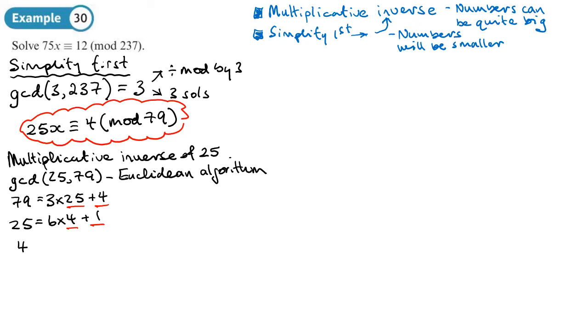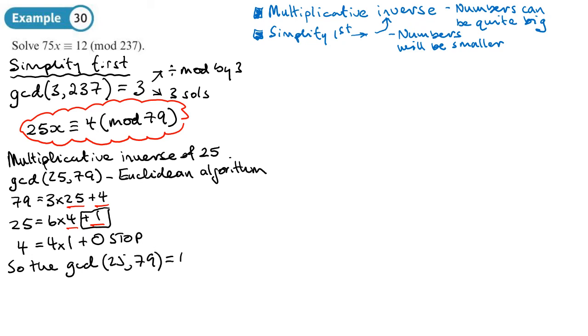So now I'll have 4 equals 4 times 1 plus 0. So we stop, look to the previous line, and we find the greatest common divisor, which is 1. So the greatest common divisor of 25 and 79 is 1, which is what we wanted.